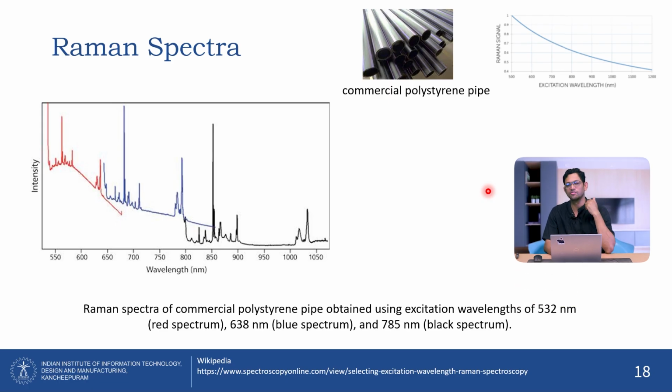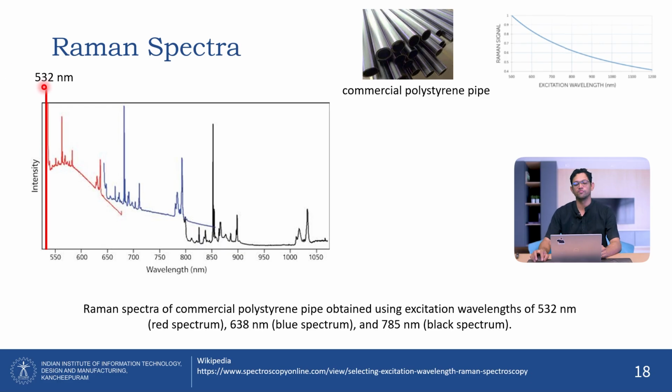Now the most interesting part of Raman spectroscopy is that it is not restricted to any specific laser light source. It's not that I need to always use green light, or blue light, or an infrared light source. For example, here you have a polystyrene pipe, and I shine light on it with three different wavelengths.